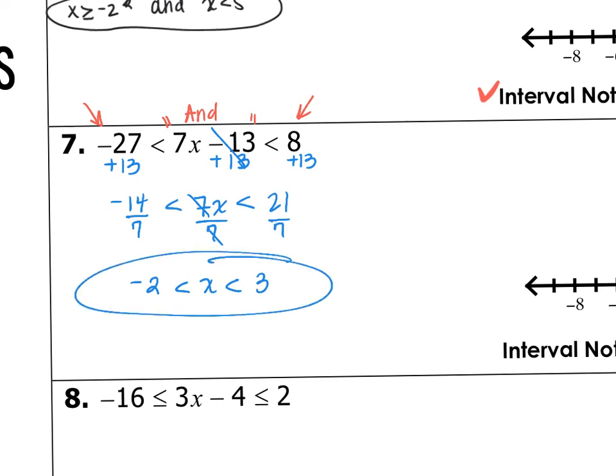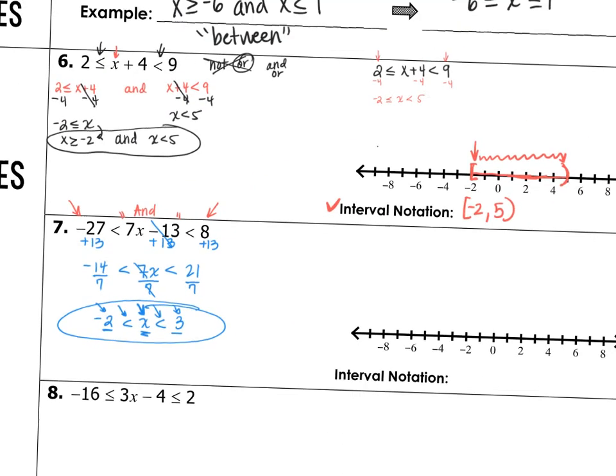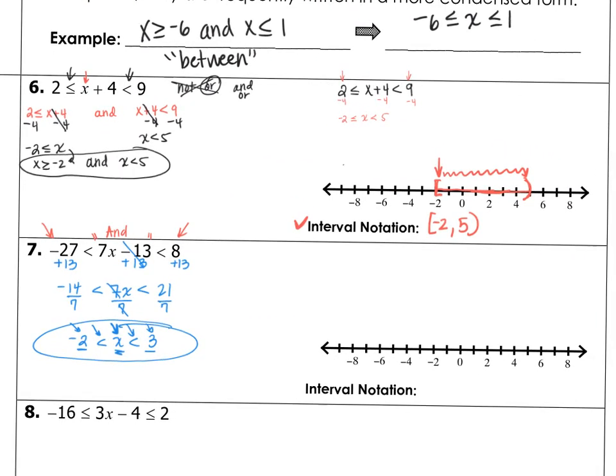X is between -2 and 3, or -2 is smaller than x, and x is smaller than 3. So x is any number between -2 and 3. But it can't be -2 because that's not "or equal to," and it can't be 3. So we graph that with parentheses. I put one on -2 and one at 3.